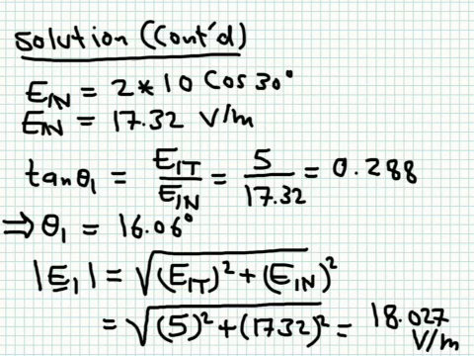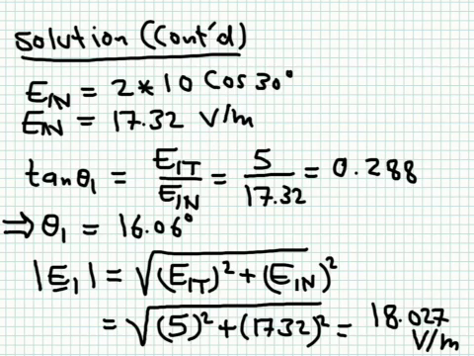So we continue our calculation. We get that E1 normal is equal to this ratio, epsilon 2 to epsilon 1, which we agreed is equal to 2, times the strength of the electric field E2, which is given, times cosine 30 degrees. When you simplify that, you get that E1 normal is equal to 17.32 volts per meter.